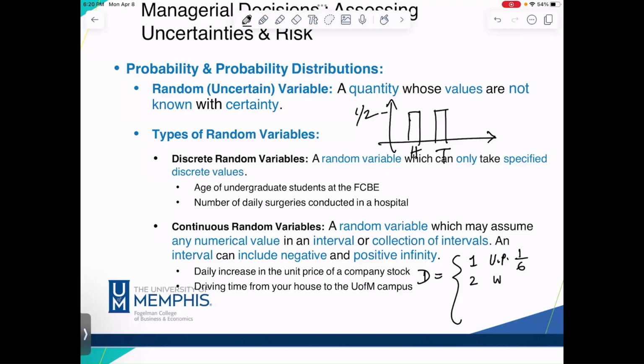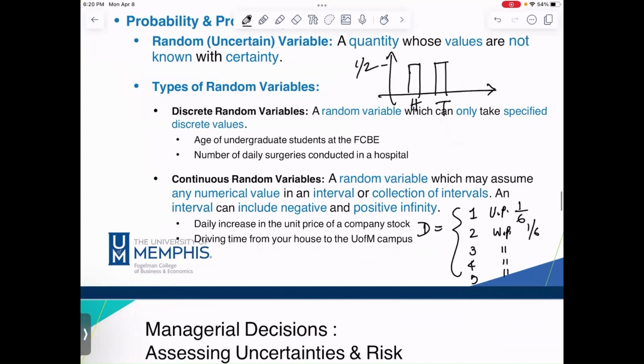So 2 with probability 1/6, 3 with probability 1/6, 4 with probability 1/6, 5 with probability 1/6, and 6 with probability 1/6, right? So this whole thing is a probability distribution because it tells you all possible outcomes and the probabilities associated with them.